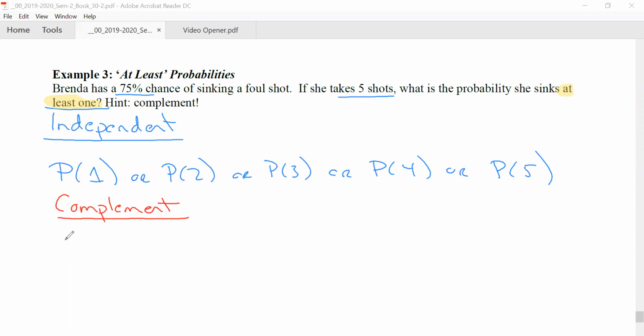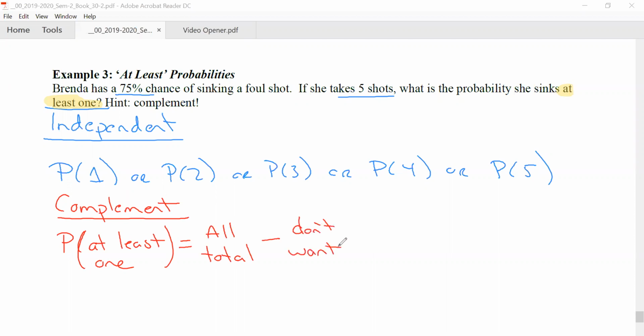So the probability of at least one is equal to all possibilities, all total, minus what I don't want. Well, what I don't want is 0 in. She gets none in.